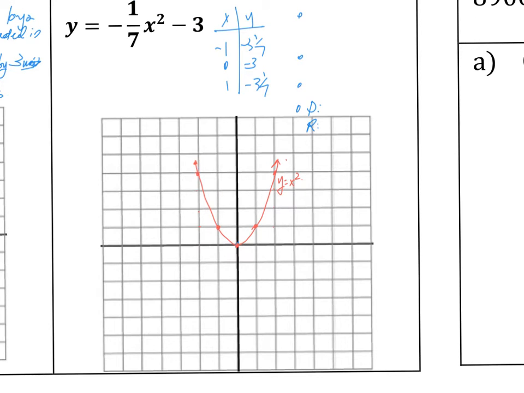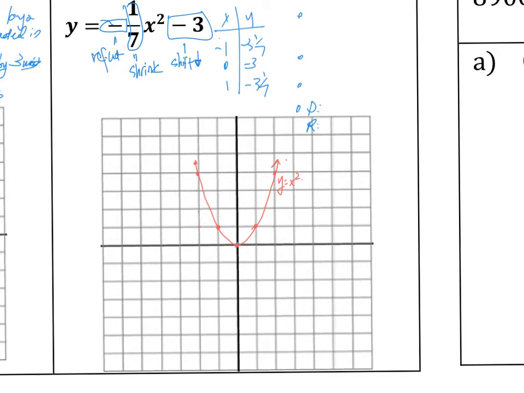And now let's look at this case. This factor here has become smaller again, so it's going to be a vertical shrink, and this is a reflection, and this means it's shifted downwards.